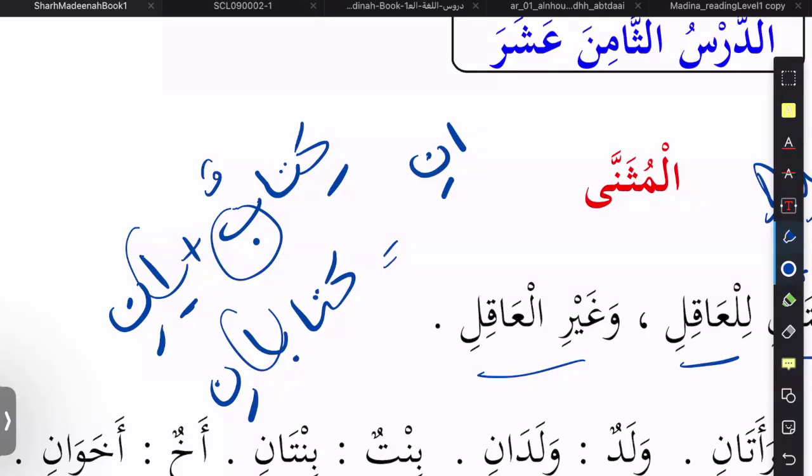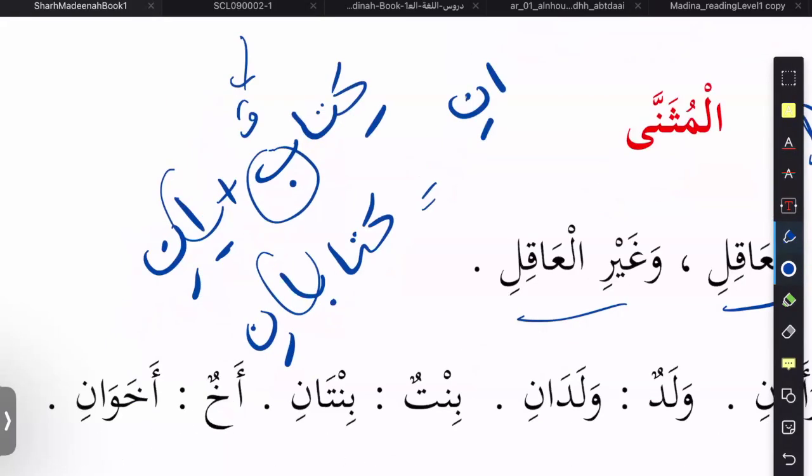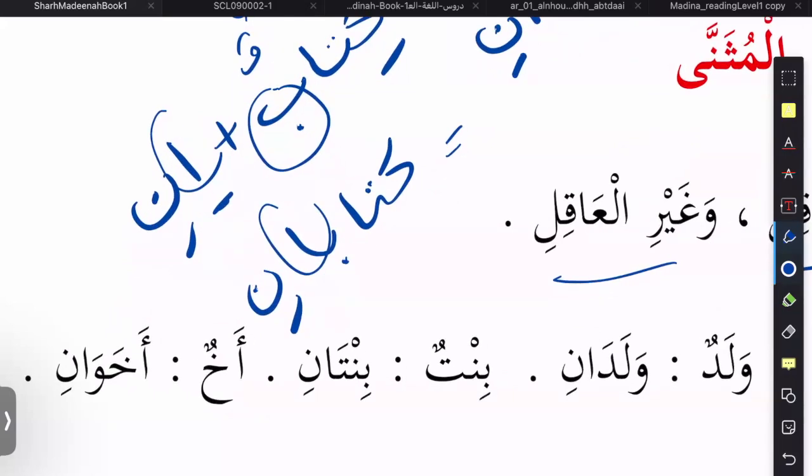This is a strong rule. We had a dhamma with a tanween, but it doesn't matter. You have an alif, so you have to convert that haraka into a fatha. And why don't we have a tanween? Why don't we say kitabuni or something? Because the tanween always comes at the end. We don't have tanween in the middle of the word or in the beginning.